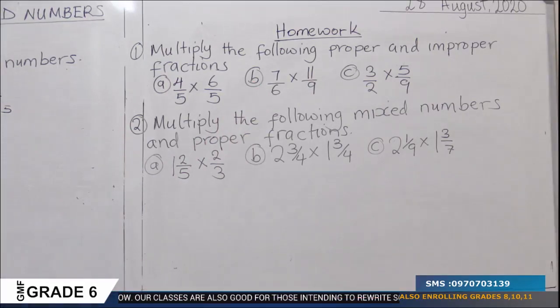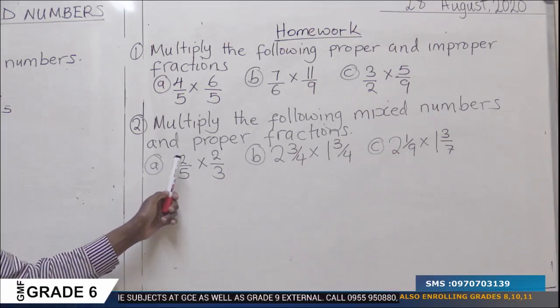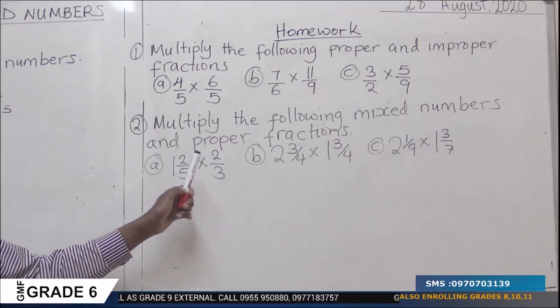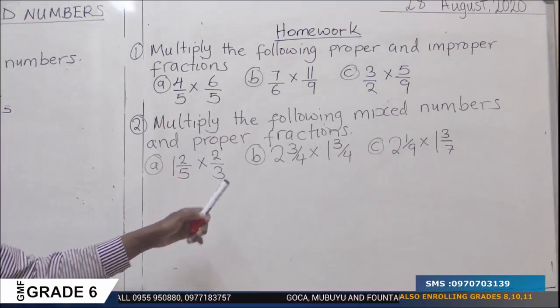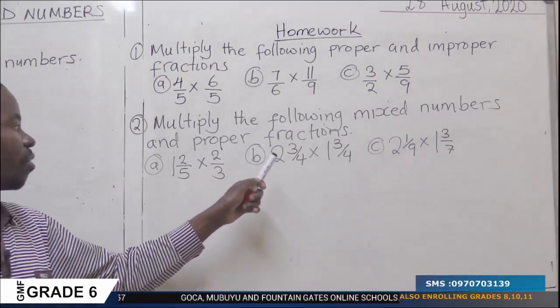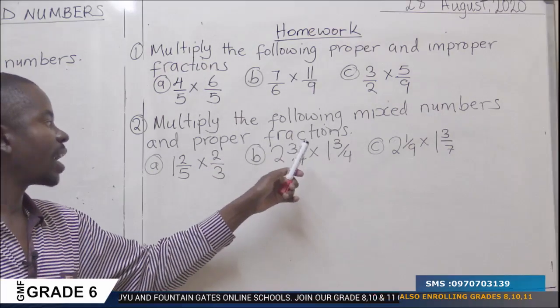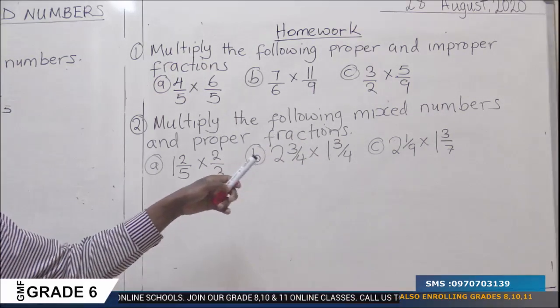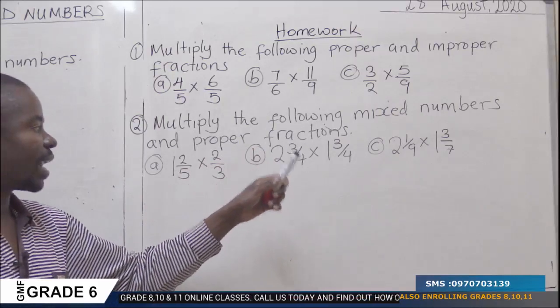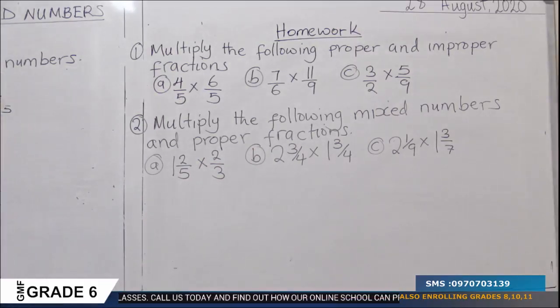Number 2, multiply the following mixed numbers and proper fractions. A, 1, 2 over 5 times 2 over 3. B, 2, 3 over 4 times 1, 3 over 4. C, 2, 1 over 9 times 1 over 3.